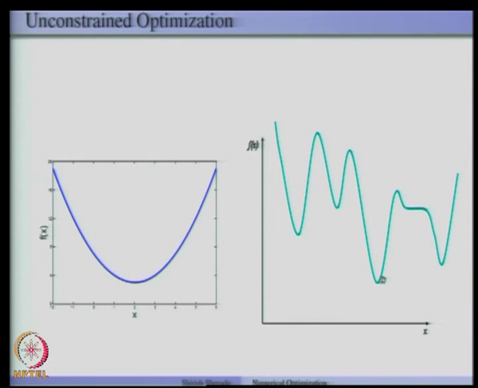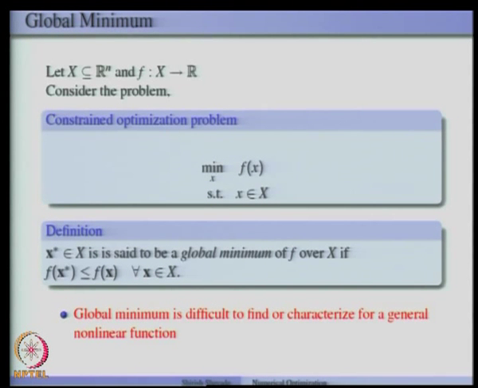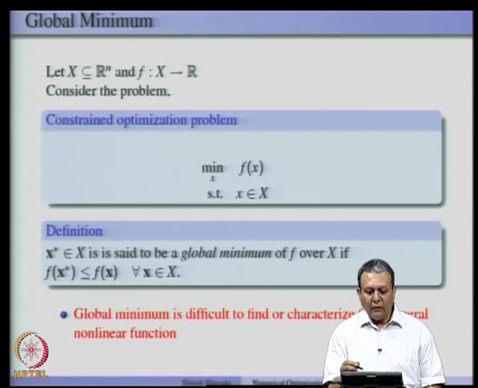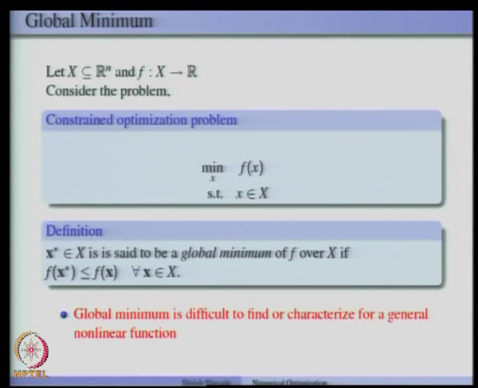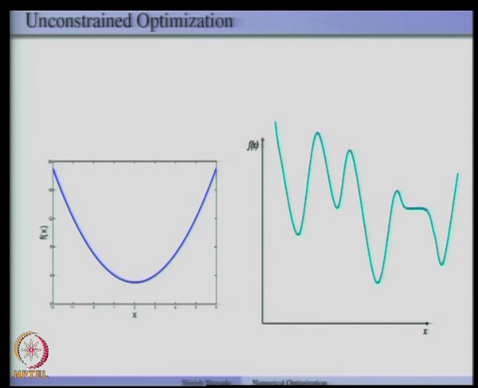Now, it turns out that finding this global minima is difficult. For example, it is very difficult to characterize or find the global minimum for a general nonlinear function. So, if you have a function which is nice as on the left panel, it is easy to find the global minimum, while on the right panel you will see a function whose global minimum is very difficult to find.